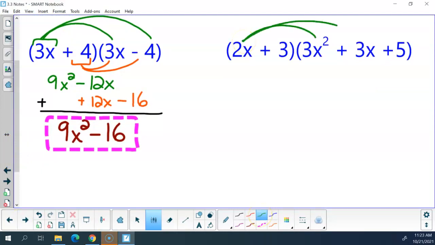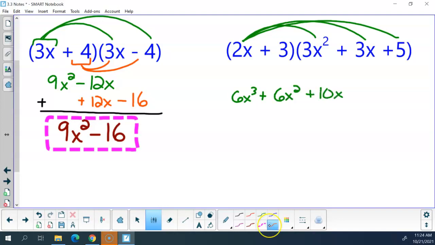So I take my 2x and I distribute it into all 3 spots. That would give me 6x cubed plus 6x squared plus 10x. Then I take my 3 and distribute it in all 3 spots. That gives me 9x squared plus 9x plus 15.